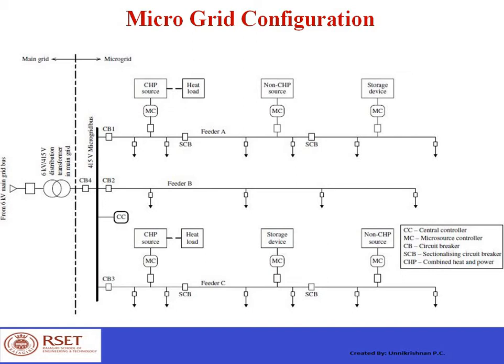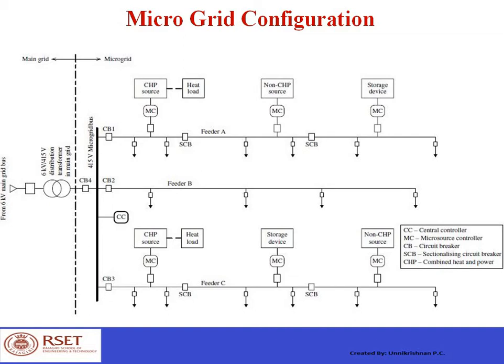Once again, going back to feeder A, you can see two sectionalizing circuit breakers, or SCBs. These circuit breakers are used for the maintenance of a particular section. You can open the SCB so that that part will be disconnected and do the maintenance services there.